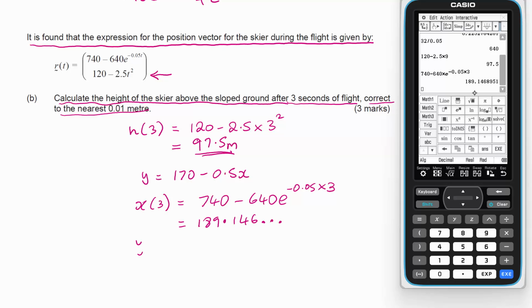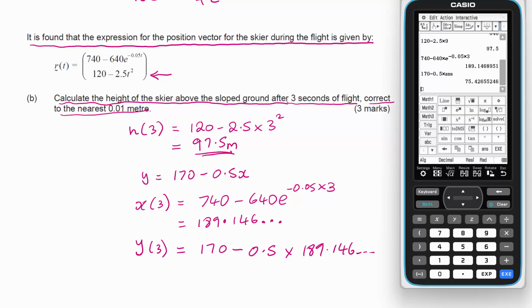Therefore, the y of 3 is going to be 170 take away 0.5 times 189.146 and so on. So we have 170 take away 0.5 times my last answer, which is 75.426 and so on.